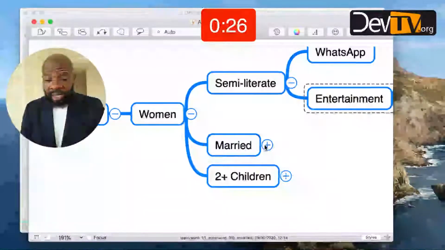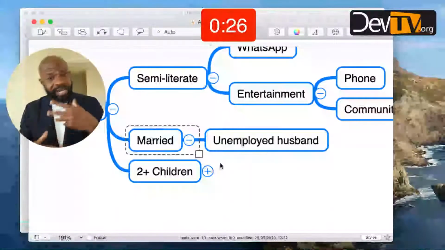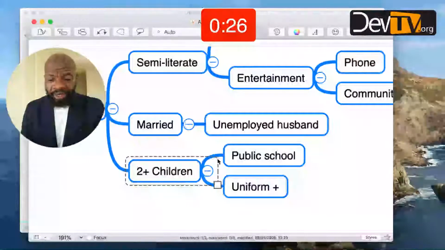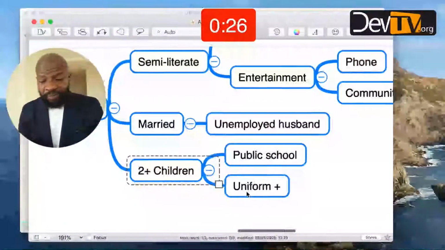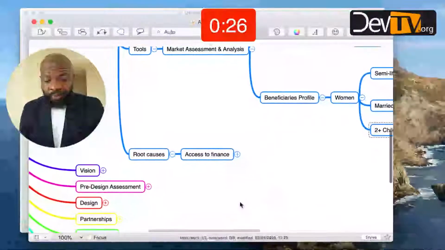They're married with an unemployed husband. So we're creating a complex situation for what our intervention is supposed to resolve. And they have 2 kids. The 2 children are going to public school, and they need to spend money on uniform and other things that children would need in school.